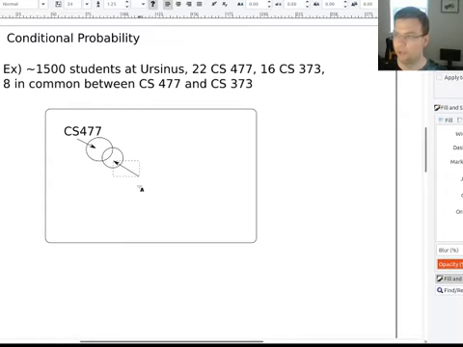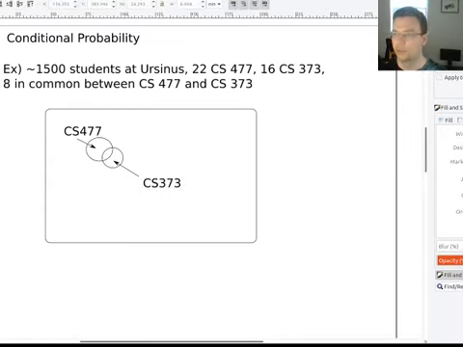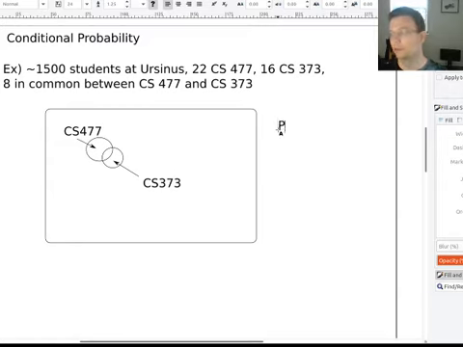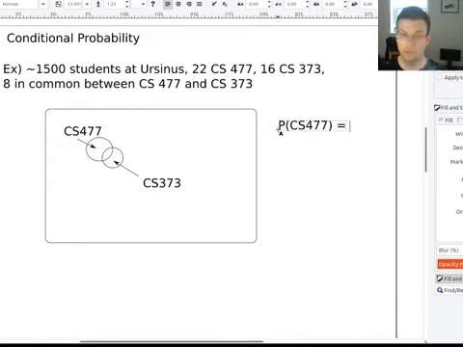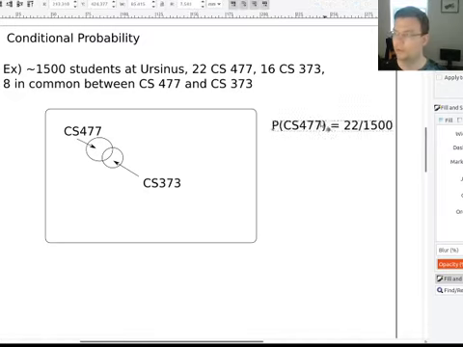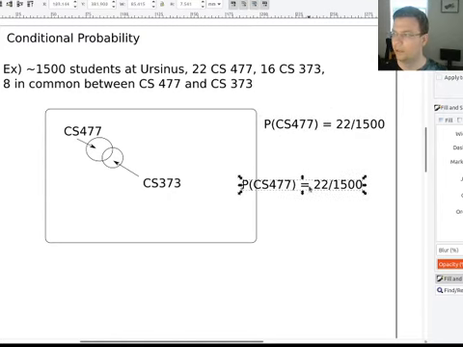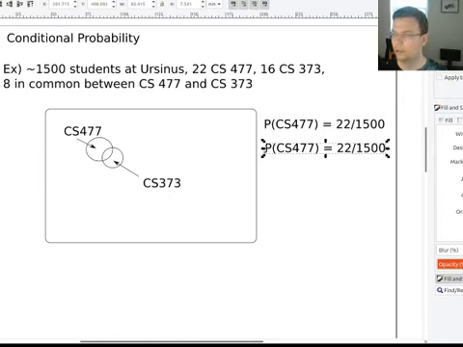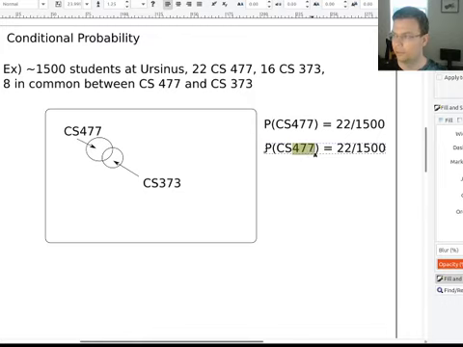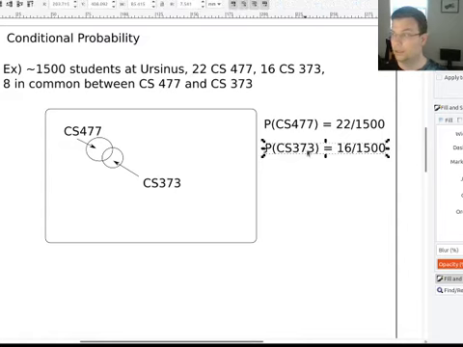And we know that we have this overlap here, right? So the probability now of being in CS477 has gone down a lot. If I pick any student at random, the probability that they're going to be in this particular class this semester is pretty small. And same thing for 373. So that's going to go down to 16 over 1,500. So those are pretty small.